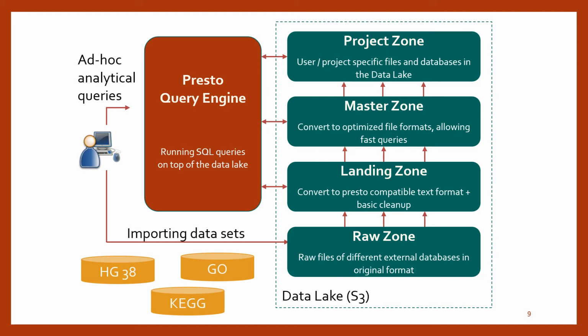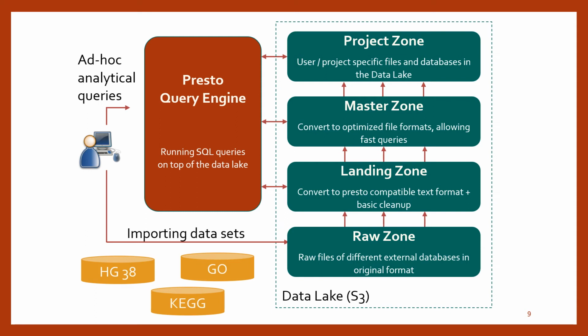The other part of Sherlock is the data lake, which is actually the place where we store our data. In the case of Sherlock, it has 4 different zones. The bottom zone is the raw zone, which contains raw files of different external databases in their original format. The second is the landing zone, where the data is structured into the JSON Presto compatible file format. The third zone is the master zone, where the data is converted into the ORC format, allowing really fast queries.